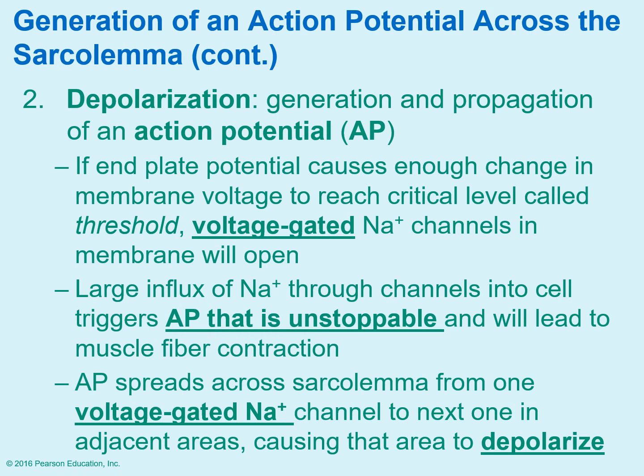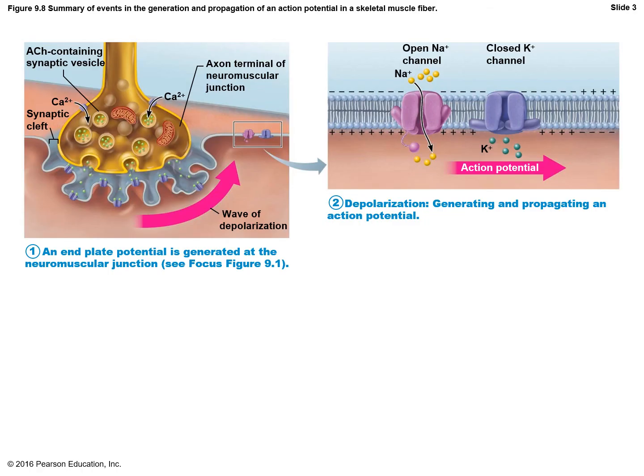Boom, you've got an action potential. An action potential is where you're changing the electrical charge and it's going to travel across the entire length of the cell, not just a localized area like an end plate potential. You got the charge, it's gone. And it will travel the entire length of the cell. You definitely are going to trigger depolarization in this case.